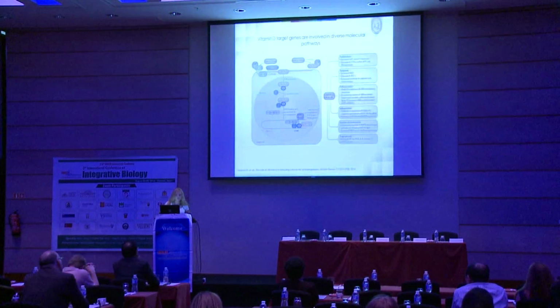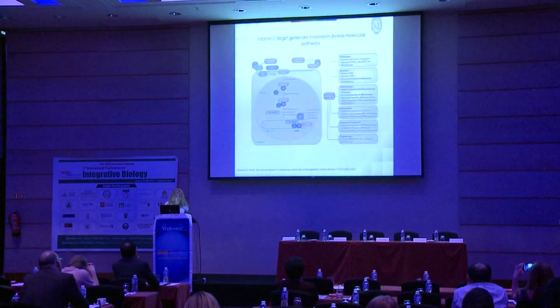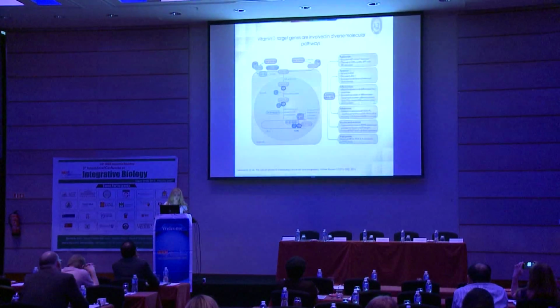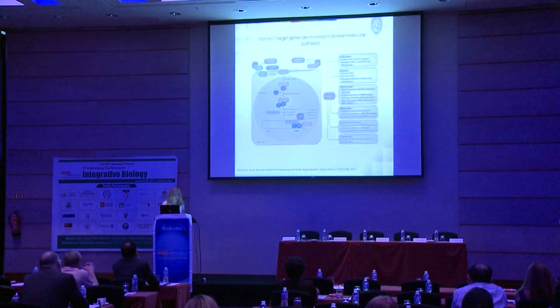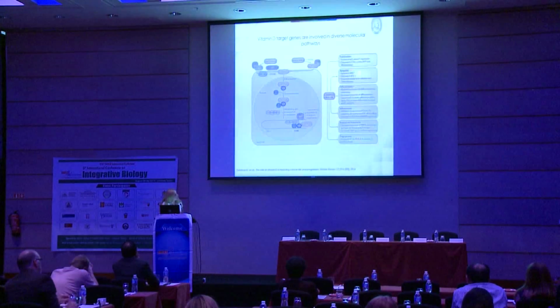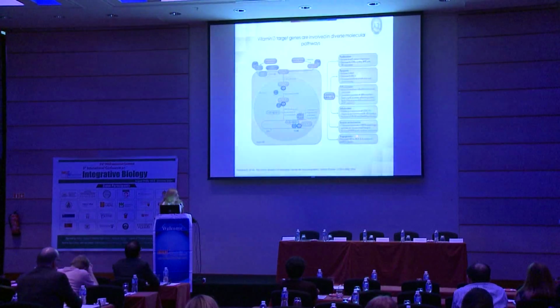But the main property of vitamin D action is the recruitment of co-activators or co-repressors, which positively or negatively regulate the expression of genes involved in proliferation, apoptosis, differentiation, inflammation, invasion, metastasis, and angiogenesis.